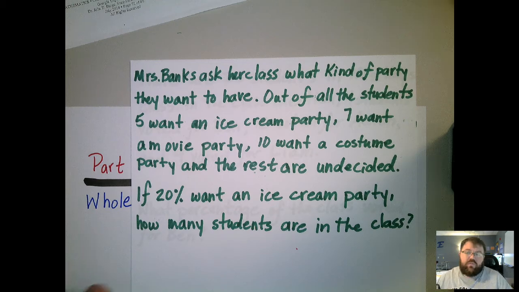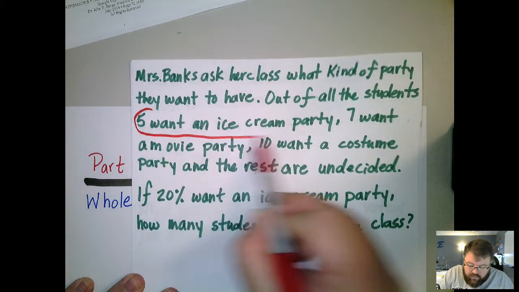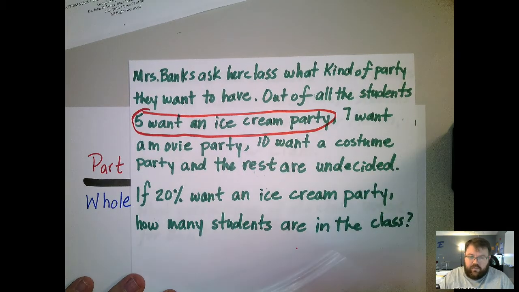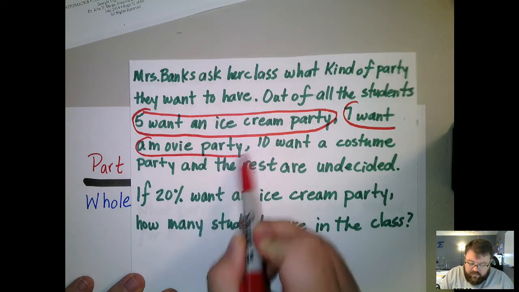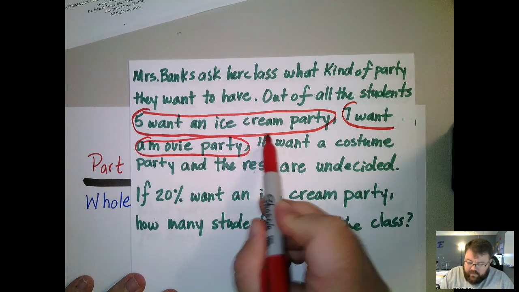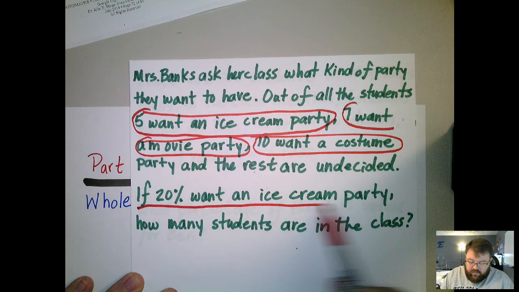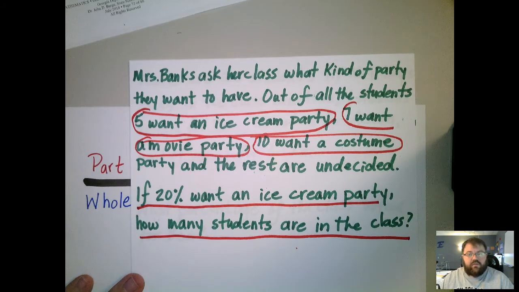All right, so let's use cubes. 5 want an ice cream party. 7 want a movie party. 10 want a costume party. Underline your question. If 20% want an ice cream party, how many students are in the class?